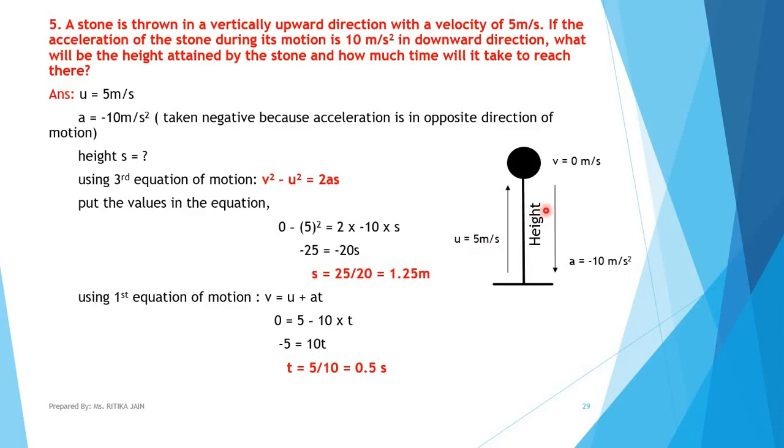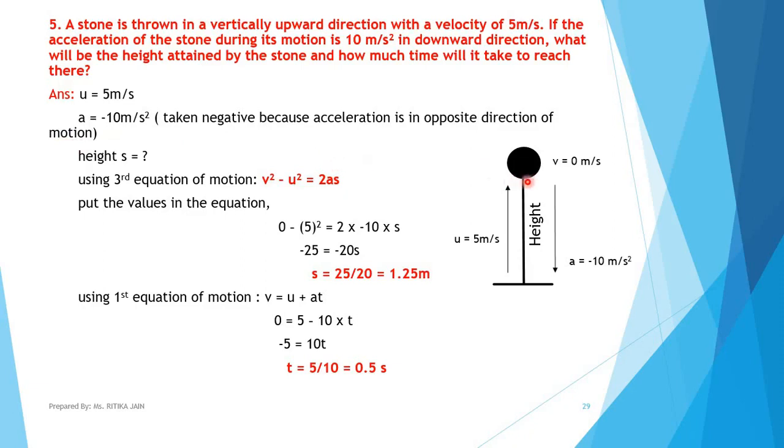Obviously, the acceleration is in the opposite direction to that of the direction of throwing. So we will use a minus sign for acceleration because acceleration is in opposite direction to the motion of the stone.